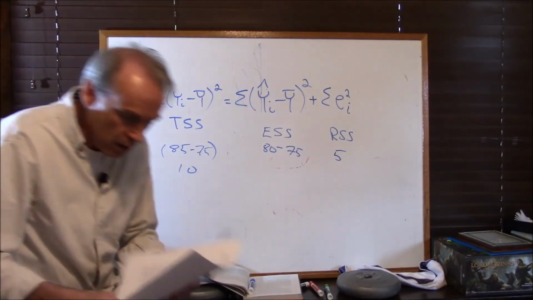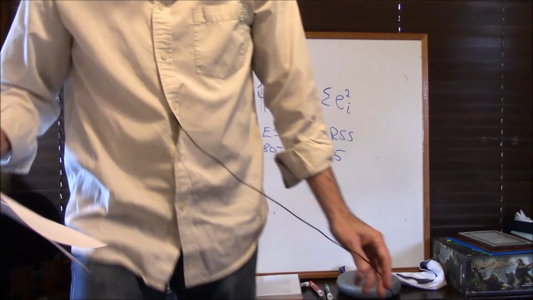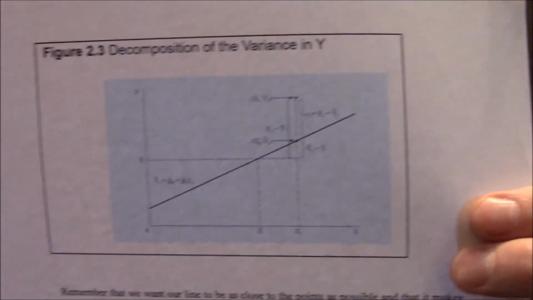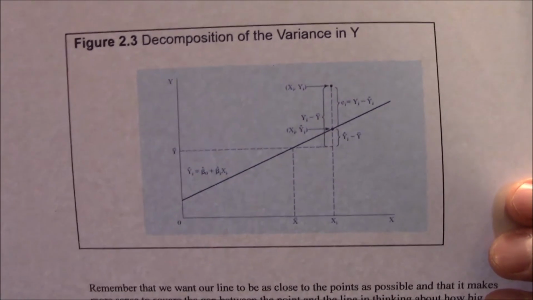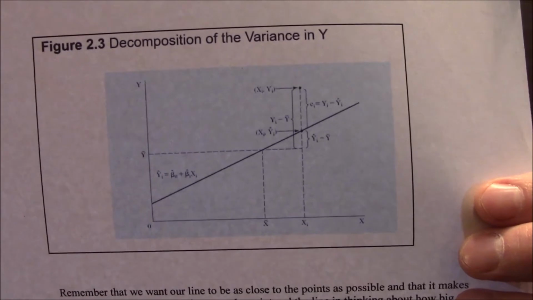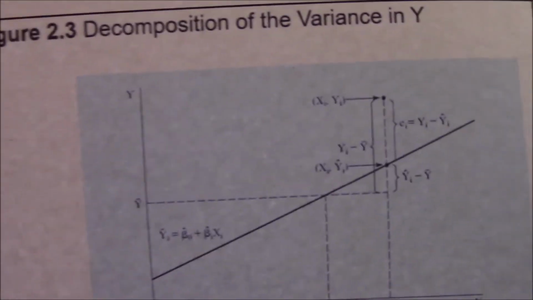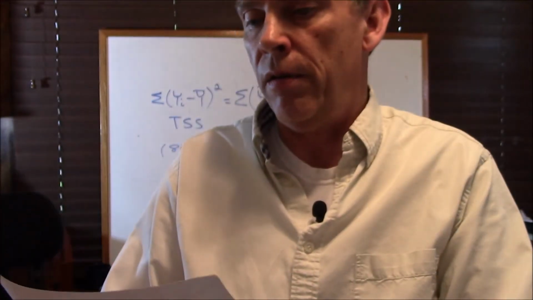So let me show you this graph here, 2.3. It's the exact same thing that was in the book. What I'm trying to show you there is, there's the regression line. Now look at that point up there that is labeled x i and y i.